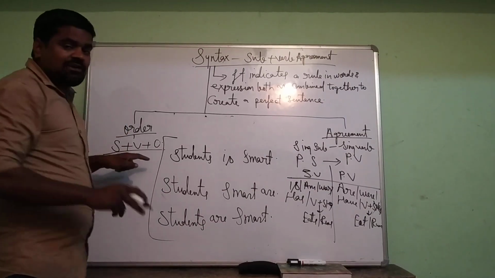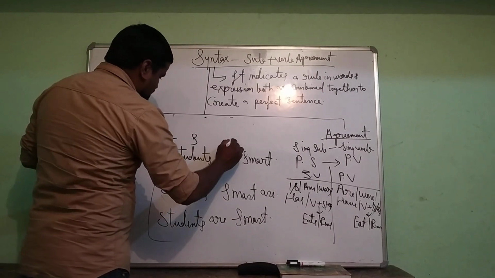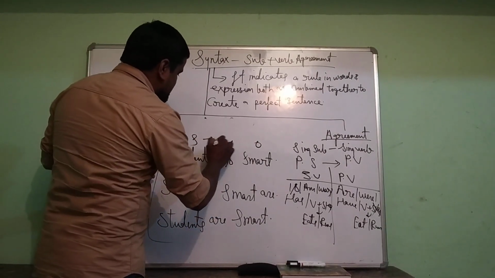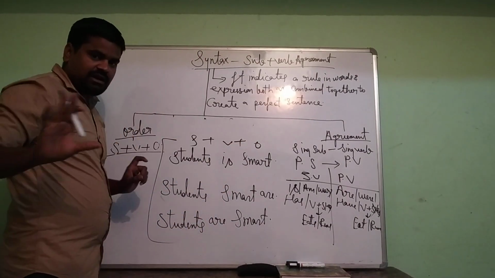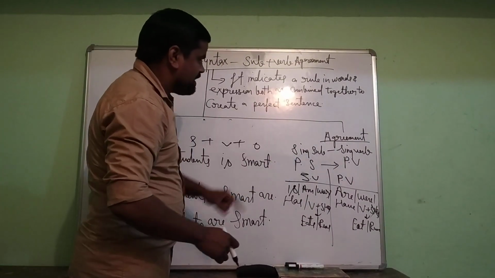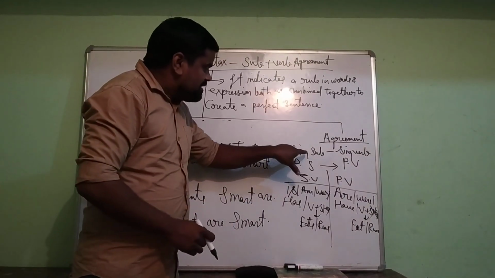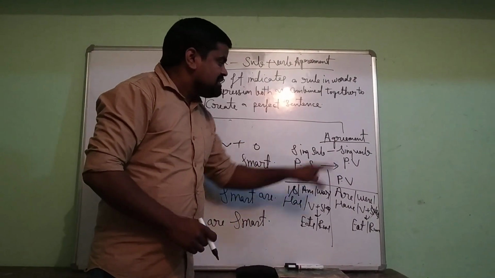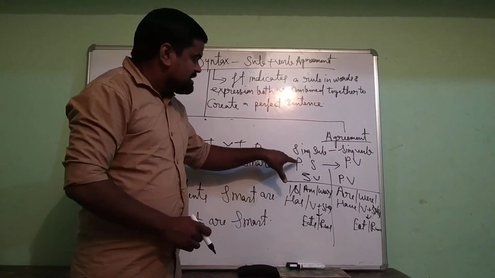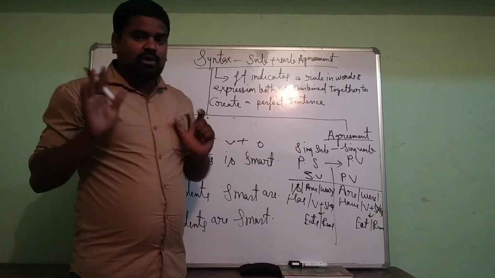First, we check order. Order means subject, verb, then object. SVO means order is perfect. Now agreement says that if your subject is singular, then your verb must be singular, and if your subject is plural, then your verb must be plural.